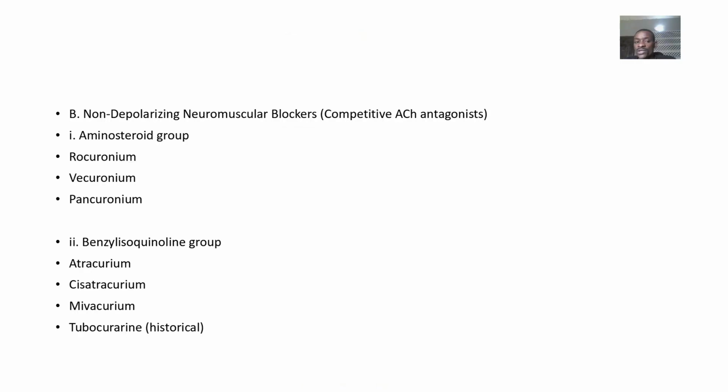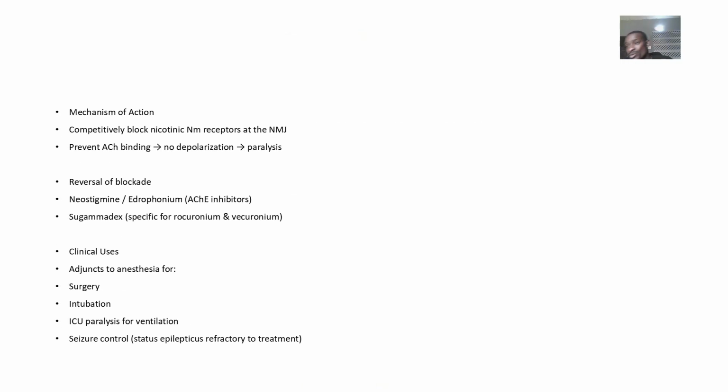So that is how the non-depolarizing neuromuscular blockers work. They basically block the receptor. If you want to reverse the blockade, you can use drugs like neostigmine, edrophonium, and sugammadex. We'll get to talk about all of them.